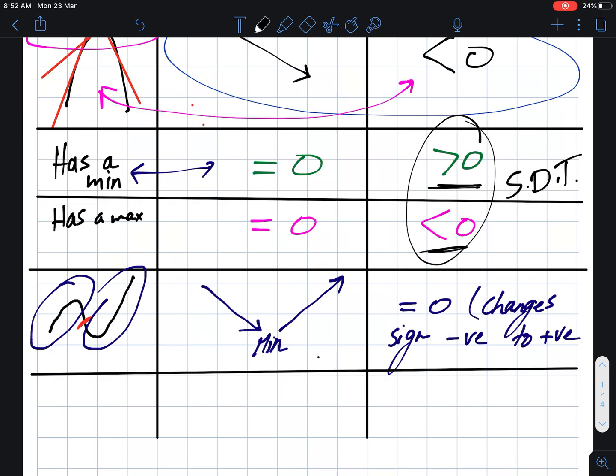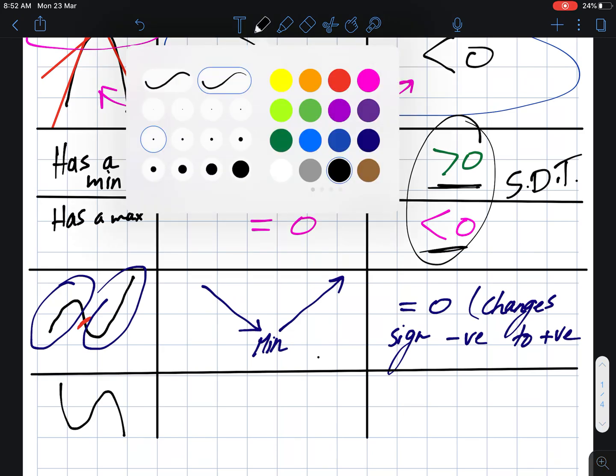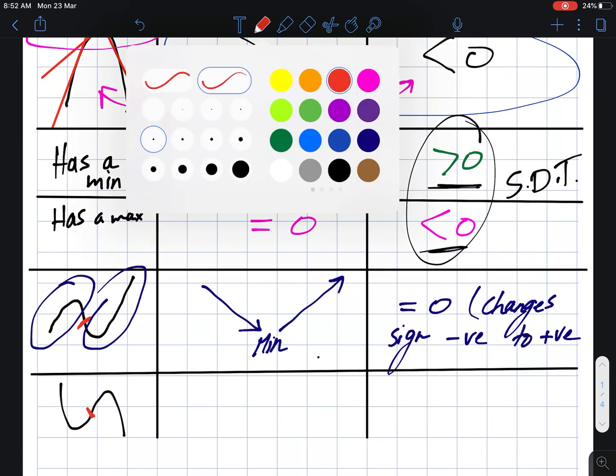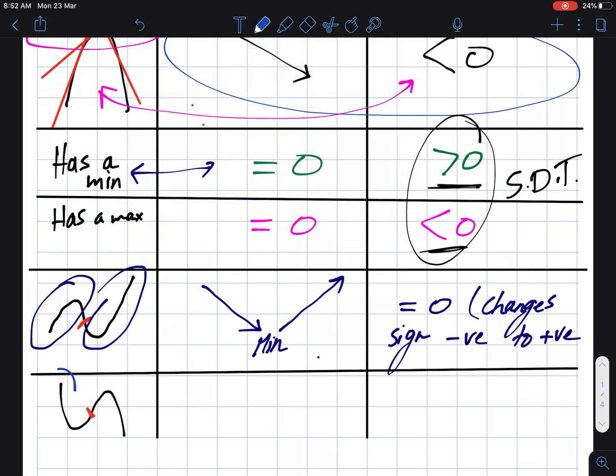Last condition. The other point of inflection. Again, I'm going to mark it in red in there. So, again, the point of inflection is going to split the graph into two. The first part of the graph is concave up. Concave up means the derivative is increasing. After the point of inflection, the function is concave down. It means the first derivative is decreasing.